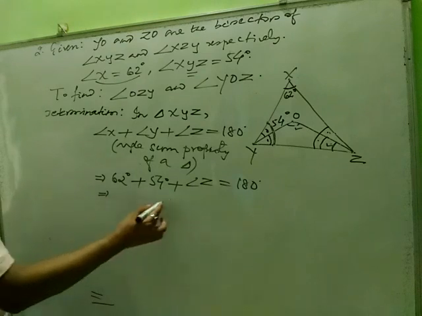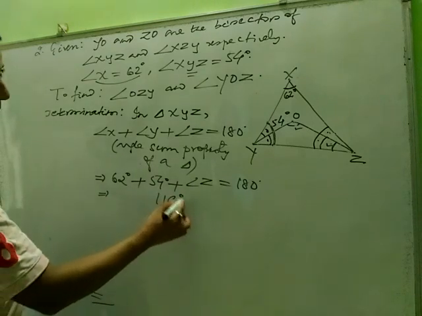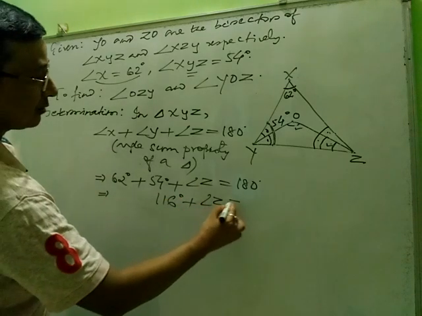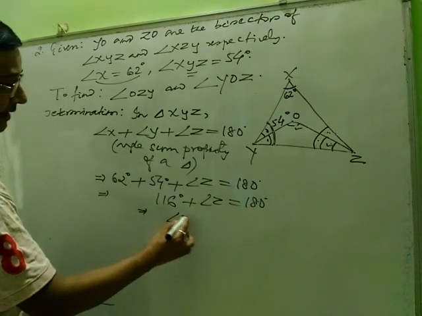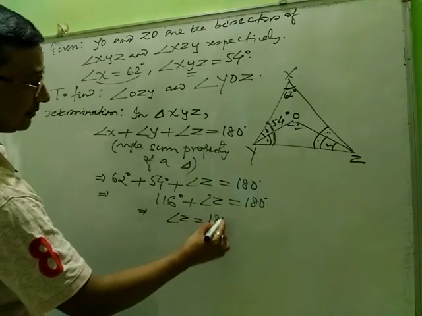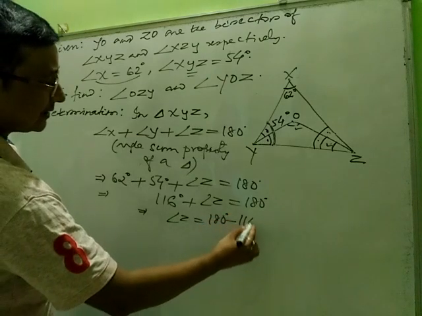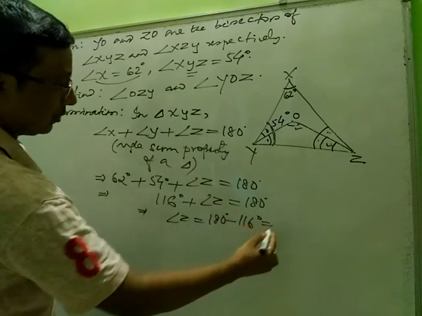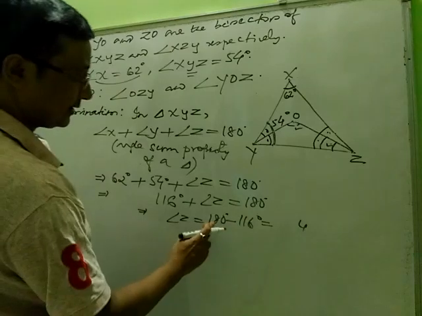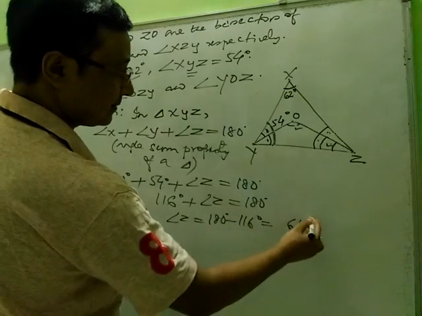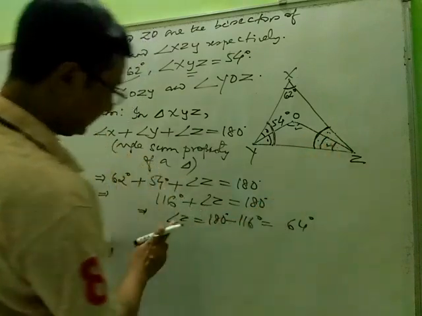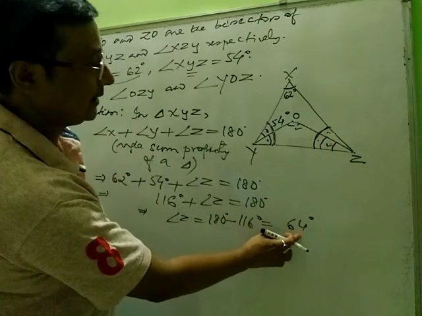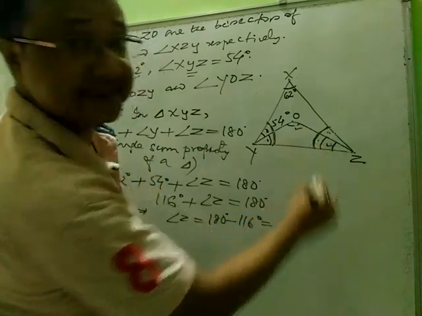So you will get 116 plus angle Z is equal to 180 degrees. So angle Z is equal to 180 minus 116, which is 64. So angle Z is 64 degrees.